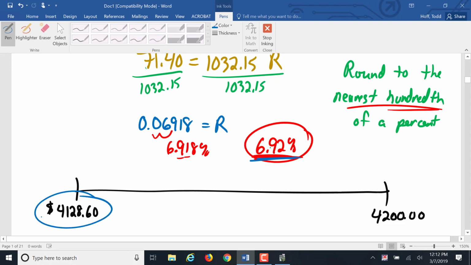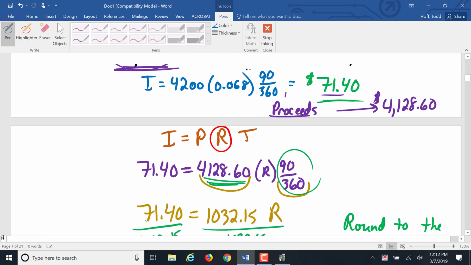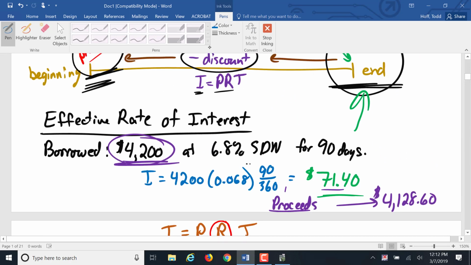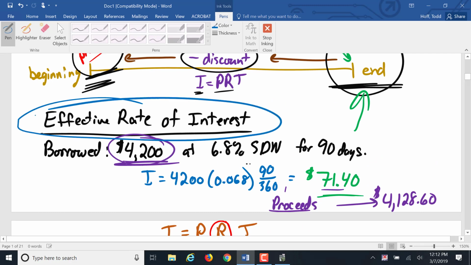So it is the equivalent interest on a simple interest note, or what's referred to as the effective rate of interest for that simple discount note.